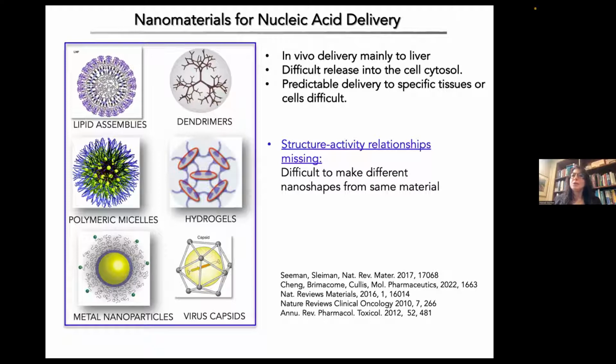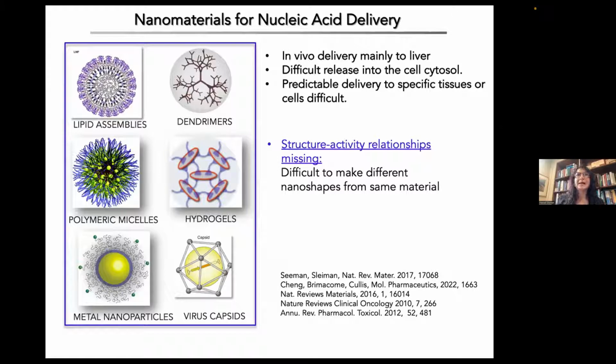So if we wanted to acquire the systematic knowledge or fundamental understanding of the relationship between the size and the shape of a nanomaterial and which organ it targets or which cell it goes to, we might borrow something from medicinal chemistry.